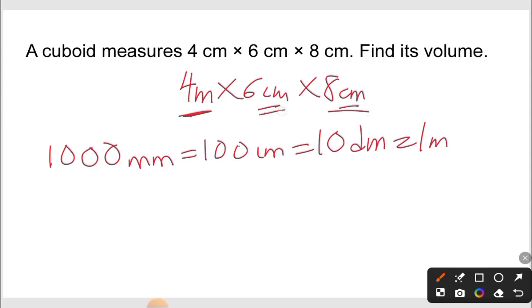Since centimeter is here and centimeter is here, I would love to convert this one to centimeters. So how do I do the conversion? Now this is 4 meters. 4 meters, I need to convert to centimeters. Now, looking at them, you have 1 meter here, 100 centimeters here. So I can equate them. So assuming you were converting from decimeter to millimeter, just pick this and then that, and then equate them.